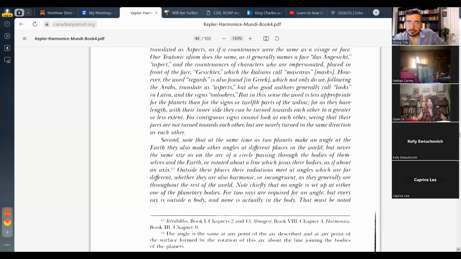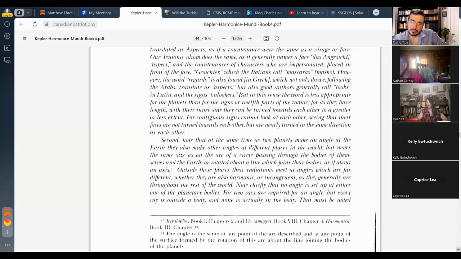Second, note that at the same time as two planets make an angle at the Earth, they also make other angles at different places in the world, but never the same size as on the arc of a circle passing through the bodies of themselves and the Earth, or rotated about a line which joins their bodies as if about an axis.